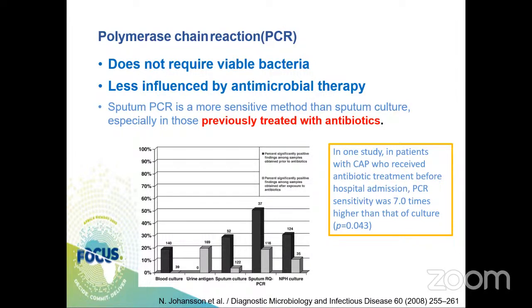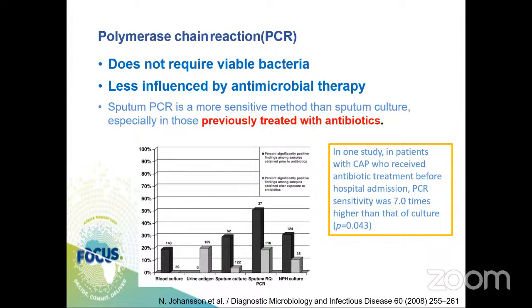Whether the person has been on medication or therapy, you can still target the bacteria, or even the virus, if it's the causative agent of the pneumonia. Sputum PCR is a more sensitive method than sputum culture, which is a topic for another day, especially in those previously treated with antibiotics.